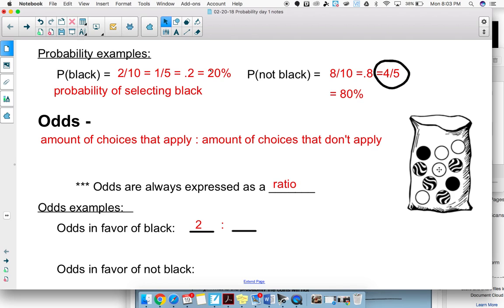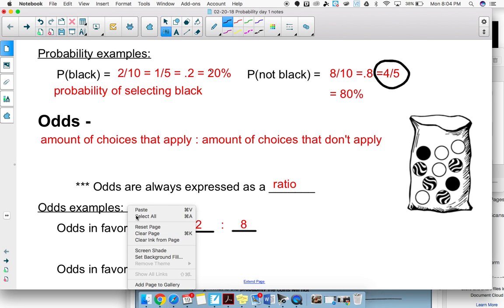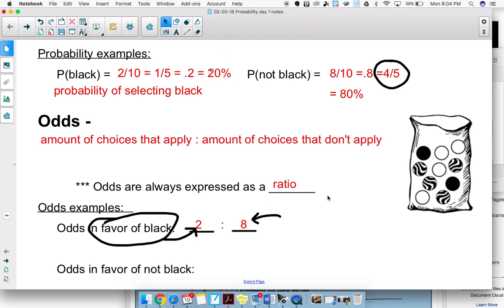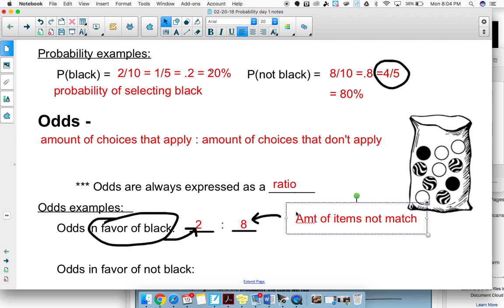And 1, 2, 3, 4. Well, if there's 10 total, that means 8 of them are not. So it's not like the total number goes second. It's the amount that are not fitting this condition. So let me circle that. So we'll say this first number describes that condition. The second number would be the amount of items not matching the description.